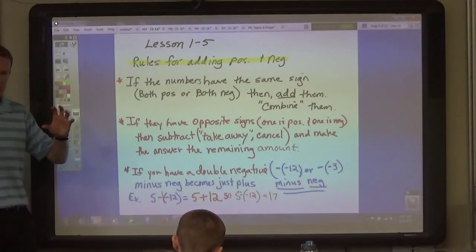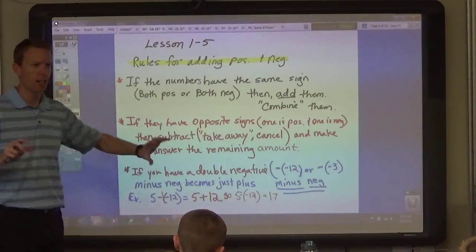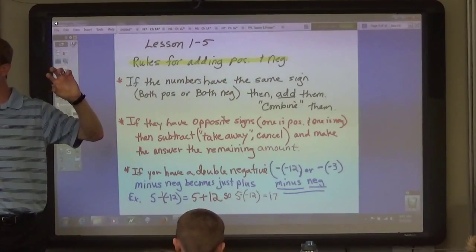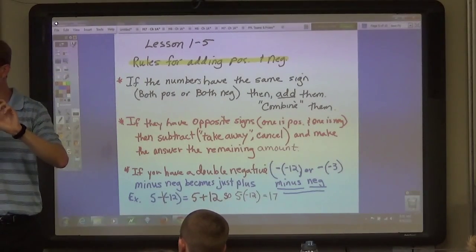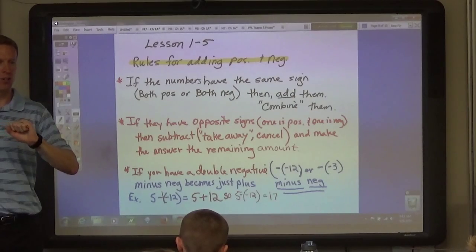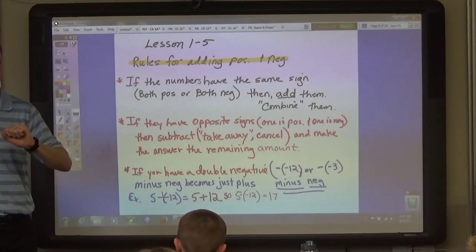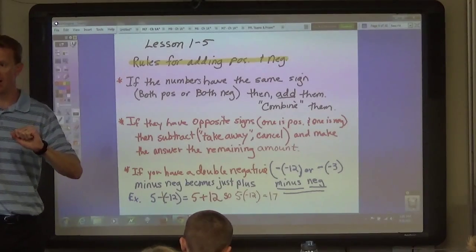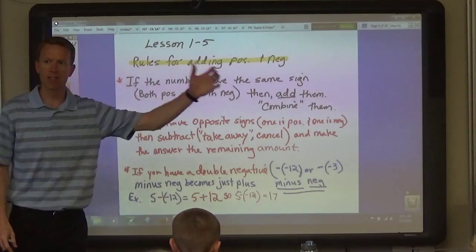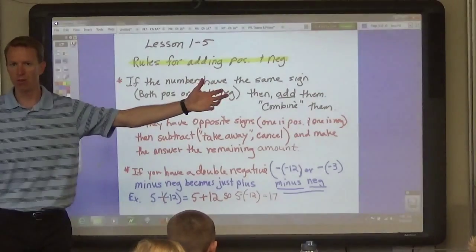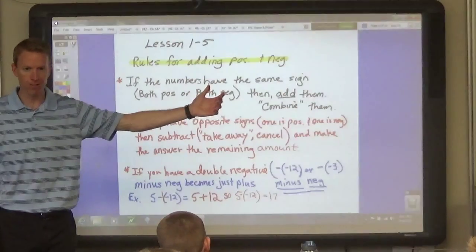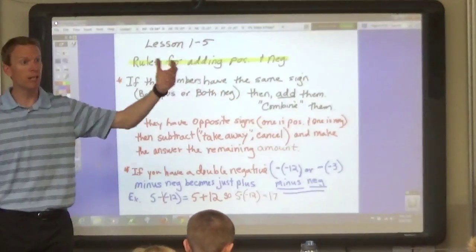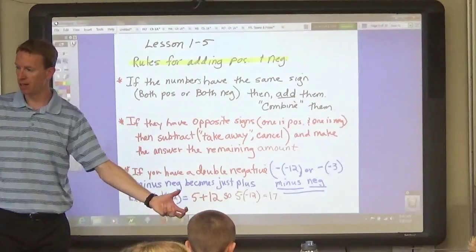Positive numbers and negative numbers cancel each other out. And so if the greater value is a positive value, then you're going to be left with a positive amount at the end. If the greater absolute value is negative, then you're going to be left with a negative number at the end.